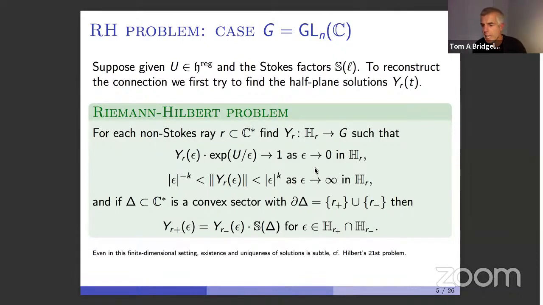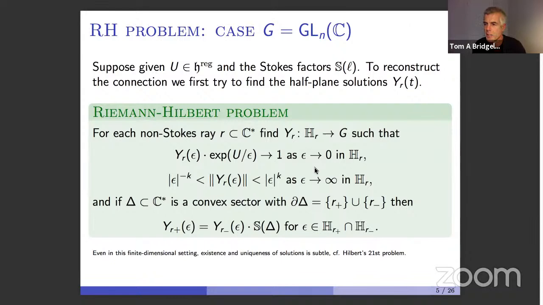I should just say that even in this finite dimensional setting, existence and uniqueness of these solutions is not guaranteed, and is a difficult thing. This is very much related to Hilbert's 21st problem, which asks for a differential equation with prescribed monodromy around points in the plane. That would be a question about differential equations with regular singularities, but this is a rather similar thing.